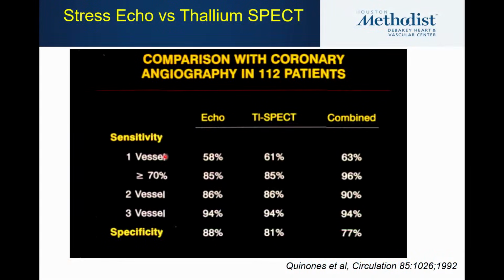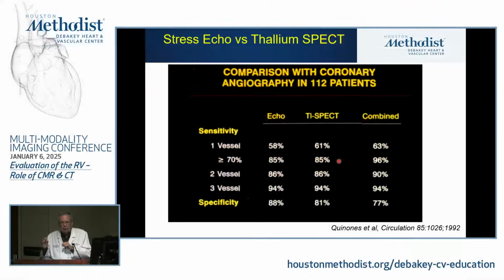Now, notice that for one vessel disease, overall, both were around 60% sensitive. But when we use 70% or greater, both jump to 85%. And this, between 50 and 70%, has been a limitation of all stress testing modalities. PET probably right now offers a little more advantage.